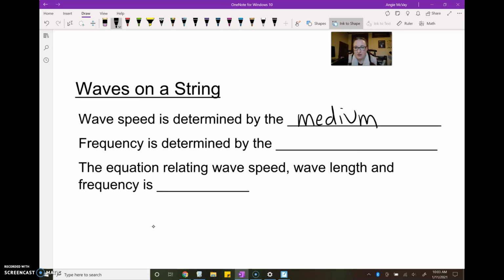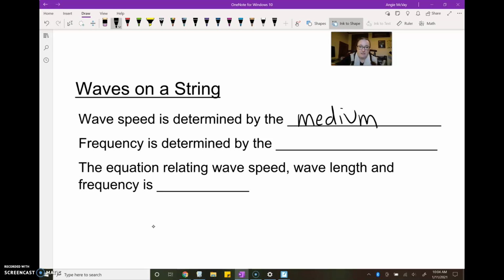So sound actually travels faster through substances like water, the ground, and metals than it does through air, because the medium is more dense. We'll see why that is true when we visualize a sound wave later on. So wave speed is determined by the medium.